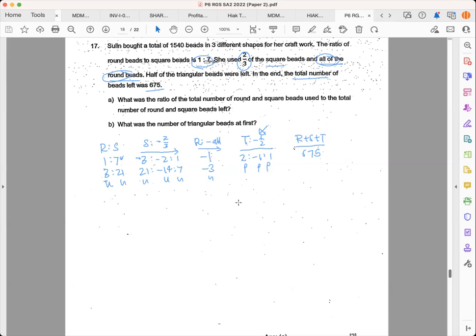What was the ratio of the total number of round and square bits used to the total number of round and square bits left? So let's look at the used. Round used is 3 units.